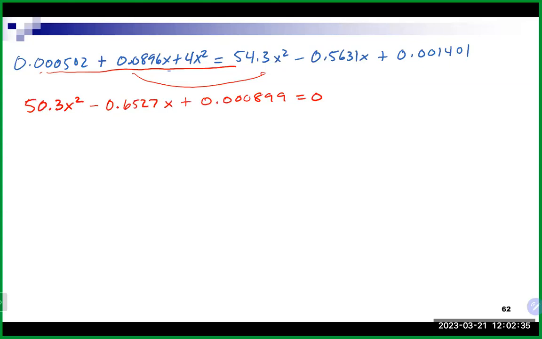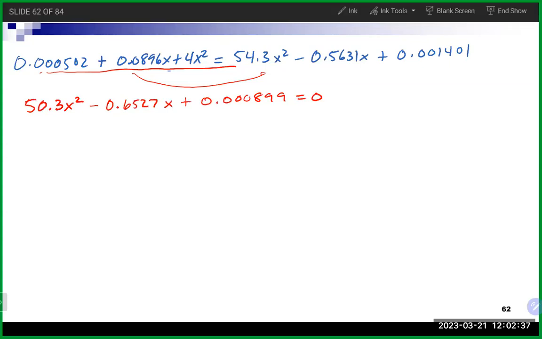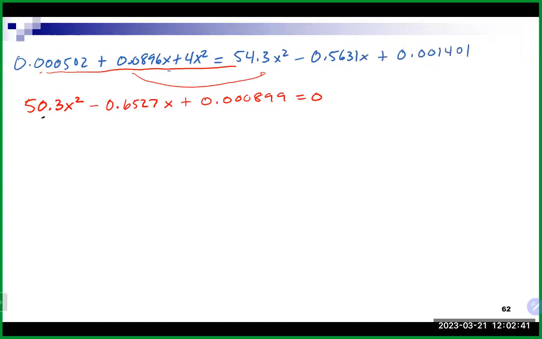Questions up to there? All right, so that is our A here, our B with the negative, and our C.